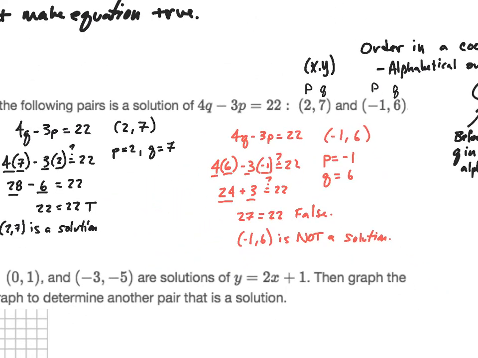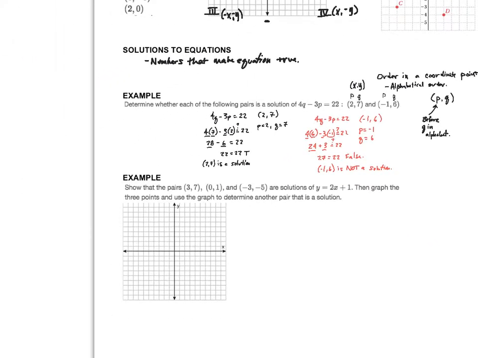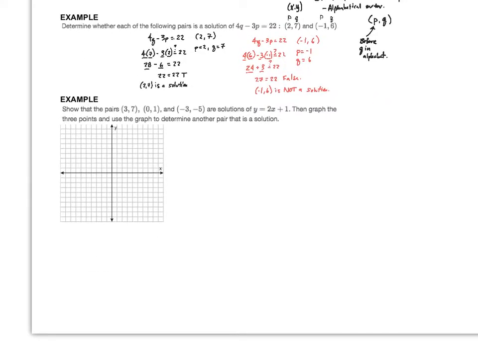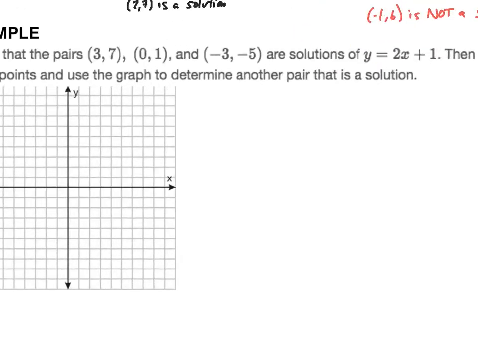Okay, so what I want to do here is show you this example. It says show that the pairs 3, 7, 0, 1, and negative 3, negative 5 are solutions to this equation, and then graph the 3 points and use the graph to determine another pair that is a solution. So let's do this.